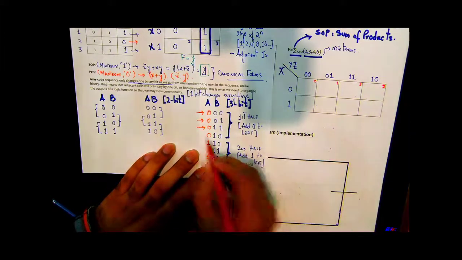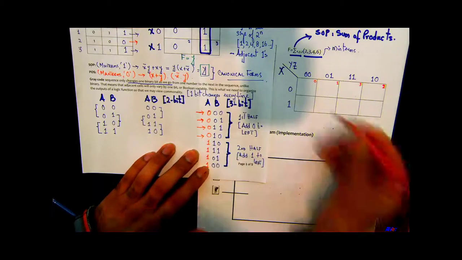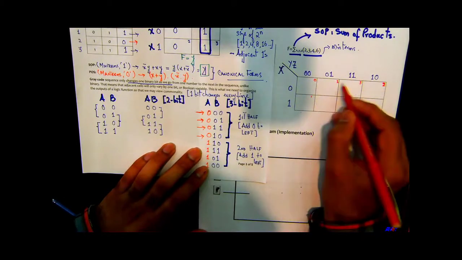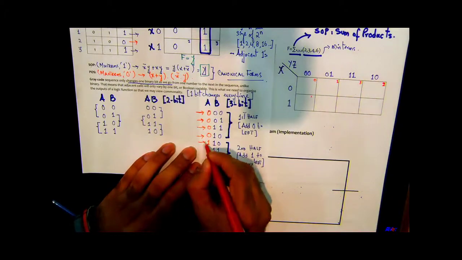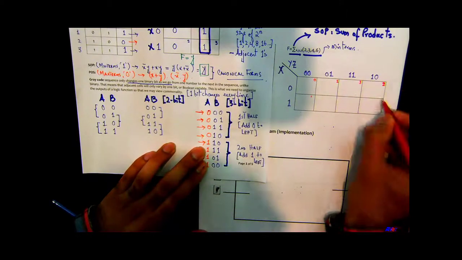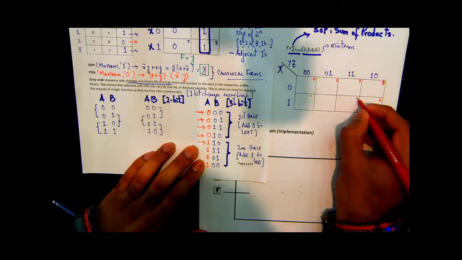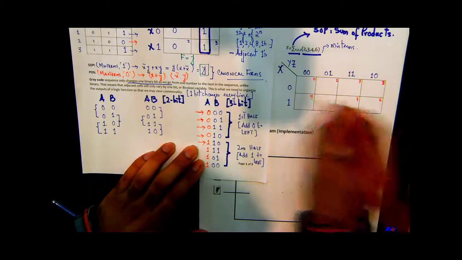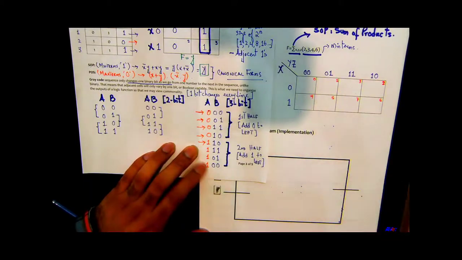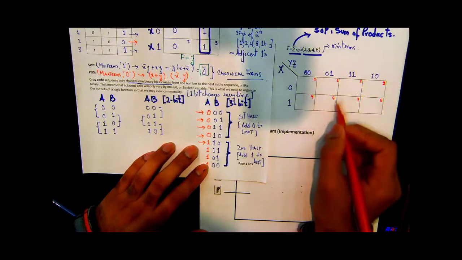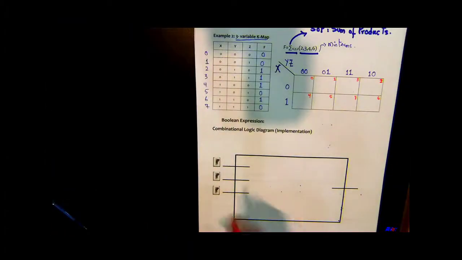So it goes 0, 1, 3, 2. Next one is 1, 1, 0, which is 6, then 7. And similarly, you got 4 here, and you got 5 here. If you look at cell number 5, 1, 0, 1 makes a code of 5. Correct? This is how the arrangement is going to be for a 3-variable K-map.